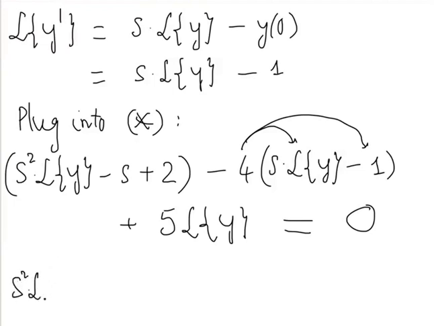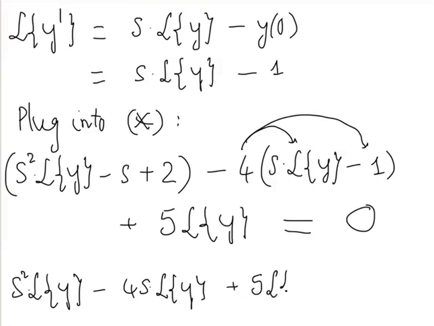As we rewrite those, minus 4s Laplace transform of y plus 5 Laplace transform of y equal to, this minus s over here becomes plus s on the other side, and then we have 2; distribute minus 4 times minus 1, we get plus 4.